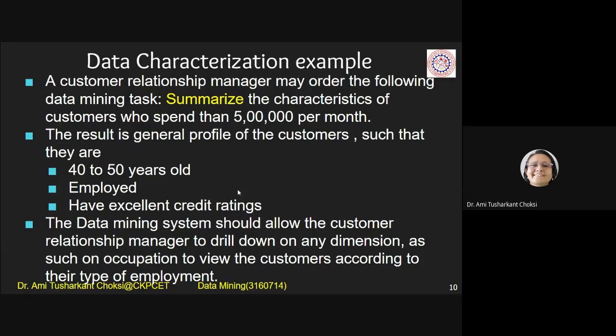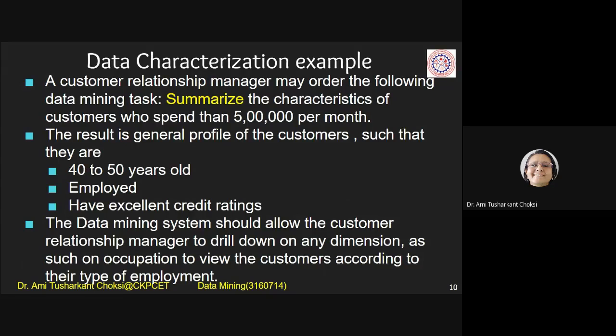Fine? Okay. The data mining system should allow the customer relationship manager to drill down on any dimension, such as occupation, to view the customers according to their type of employment.